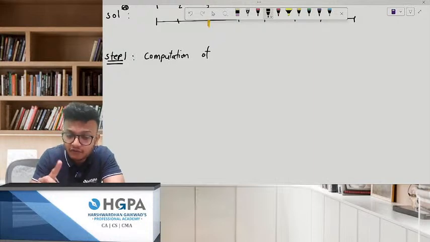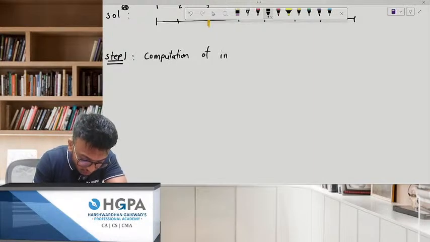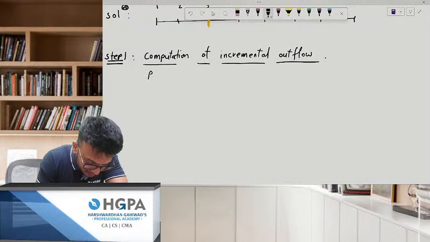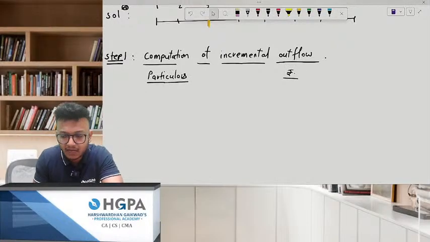Computation of incremental outflow. Very simple. Particulars and rupees.